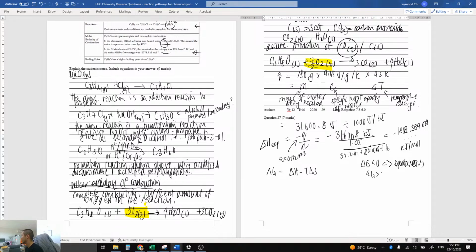Delta G greater than 0 means not spontaneous. We know combustion reactions are spontaneous above certain temperatures. So we're going to look at that now. Delta H, that's what we want to try to find, and that's our theoretical.